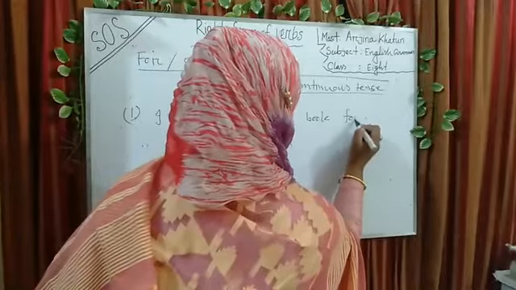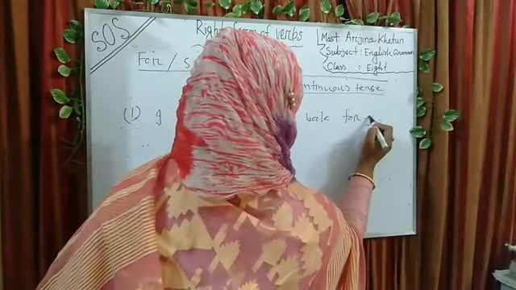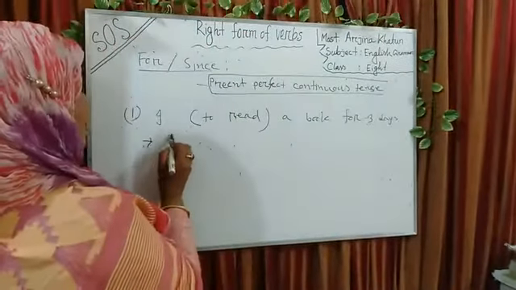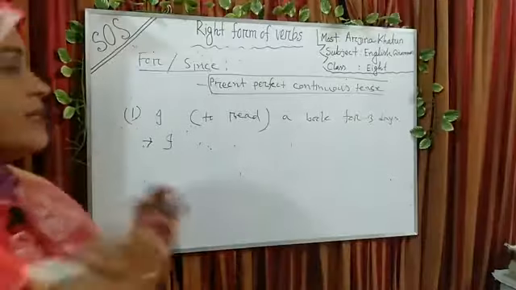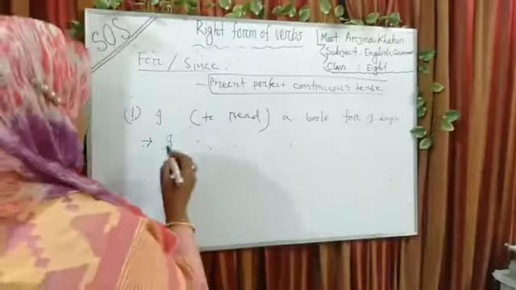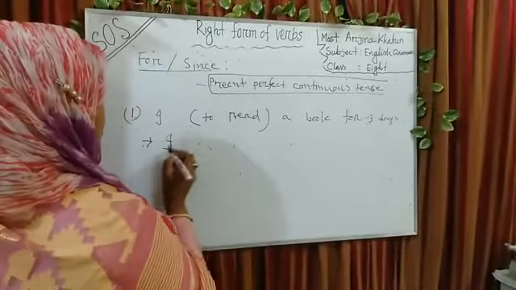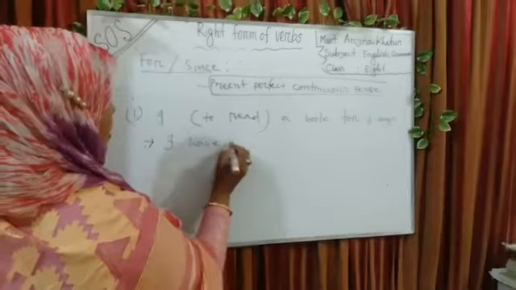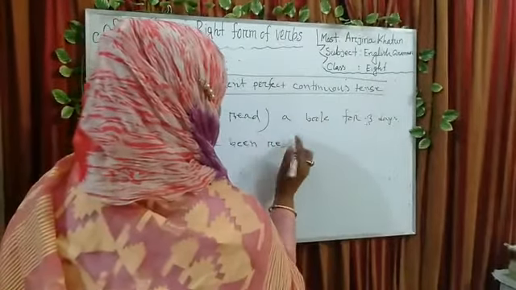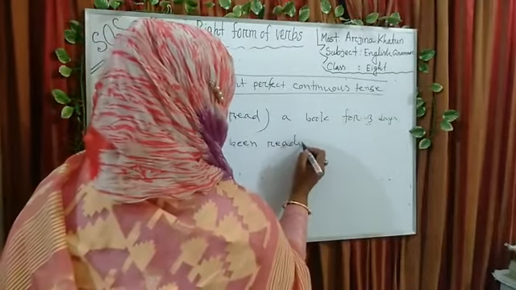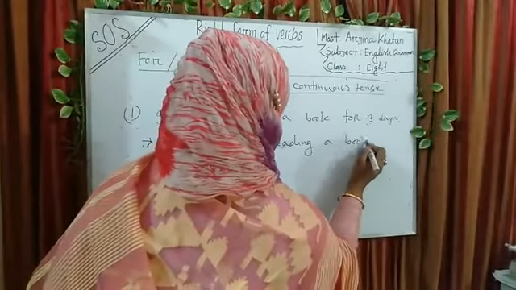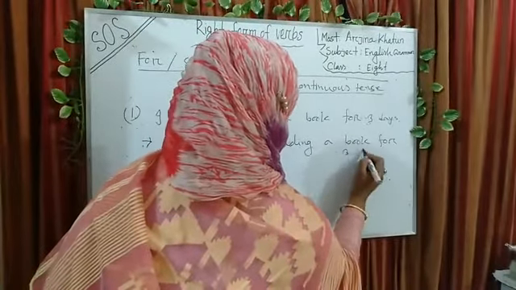I, obviously its helping verb is have been. I have been reading, and ing is added with the main verb. I have been reading a book for 3 days.